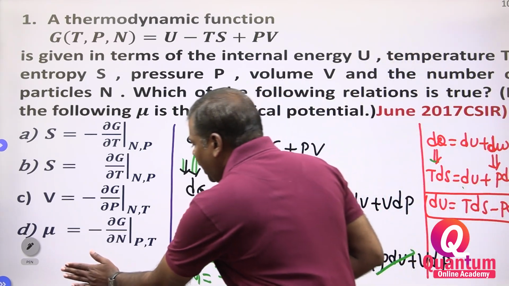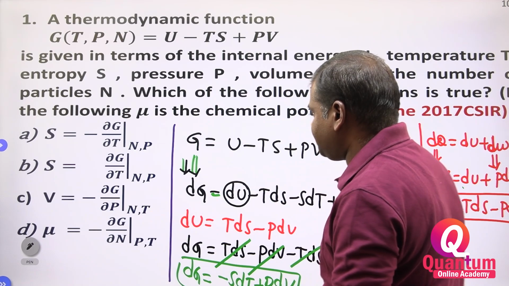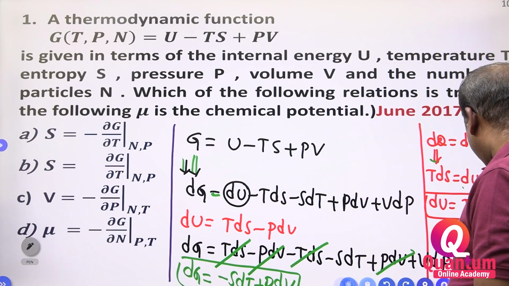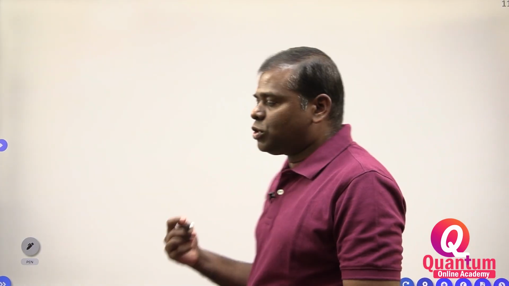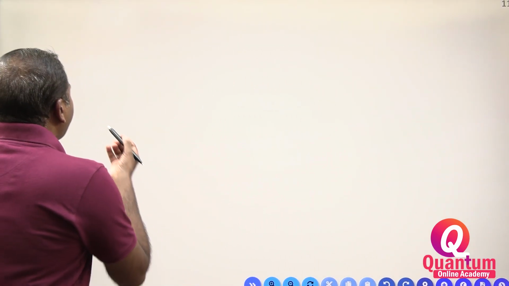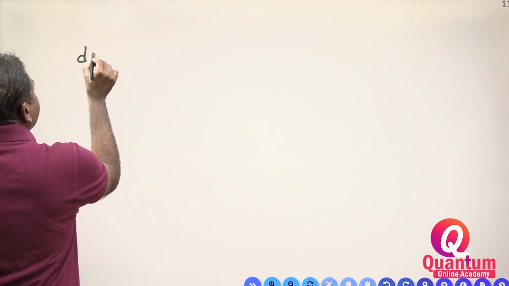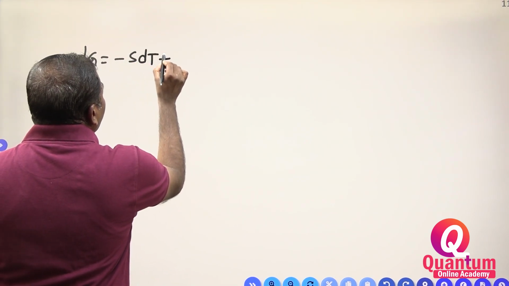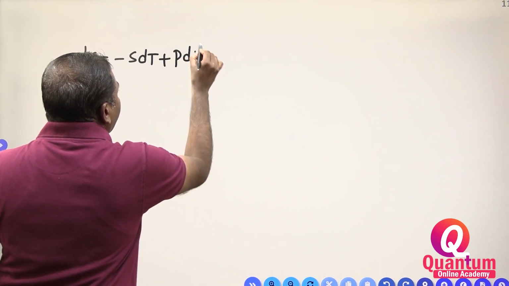From this, we have to analyze the options. How do we analyze the options? What we got is dG is equal to minus SdT plus VdP. Correct?